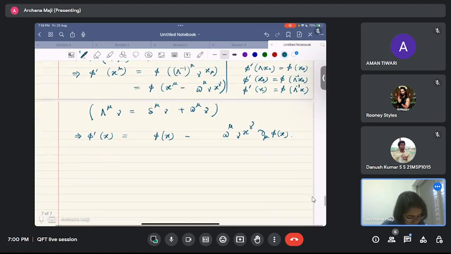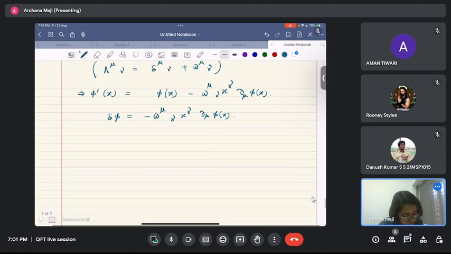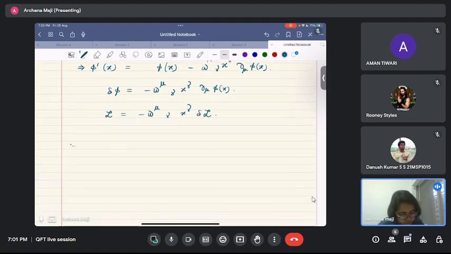Okay, so this is phi prime of x. So what is delta of phi? The change in the field is minus x nu del mu phi. The same change has to happen for the Lagrangian. So we can derive what is the conserved current.